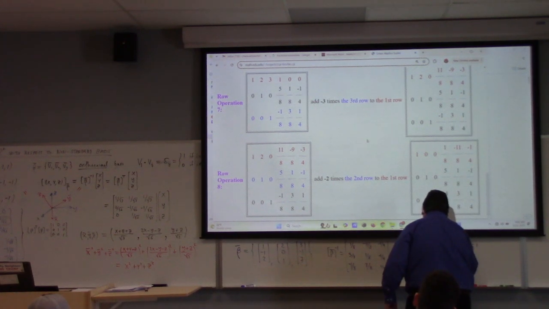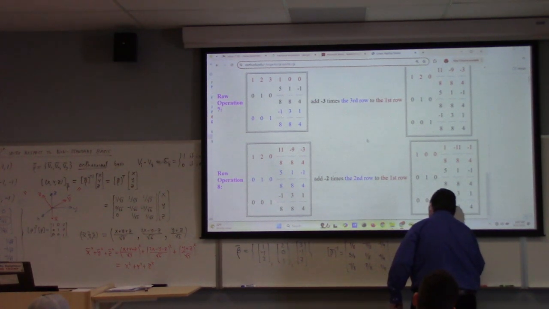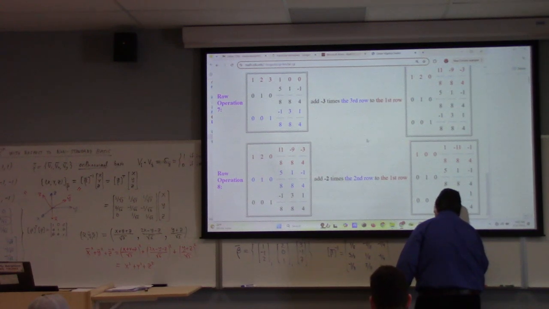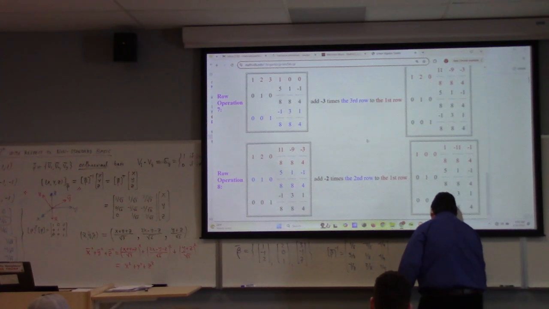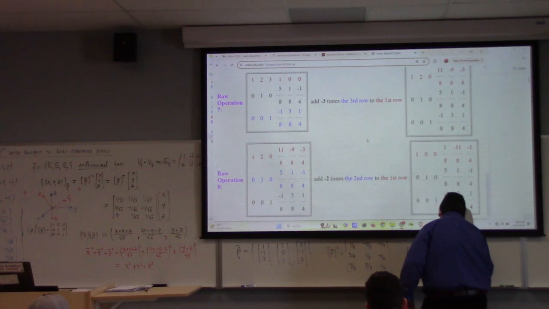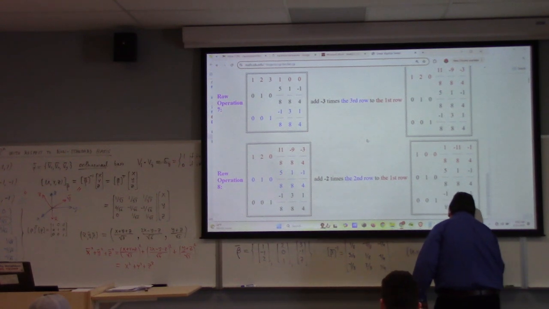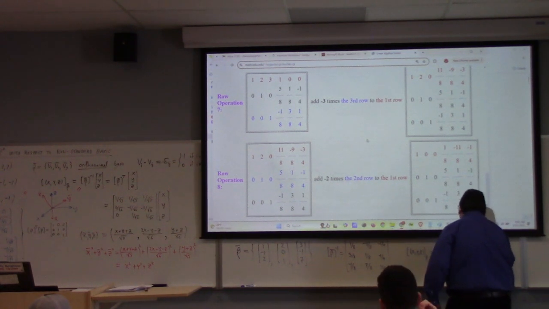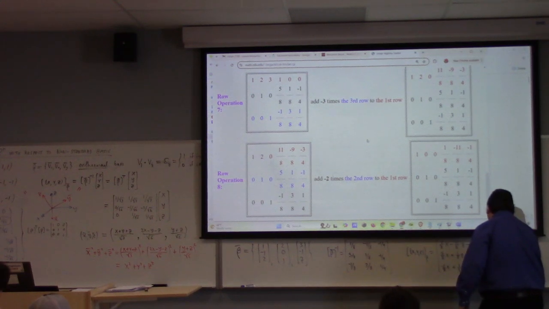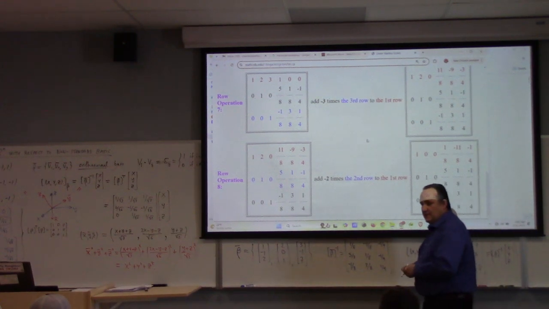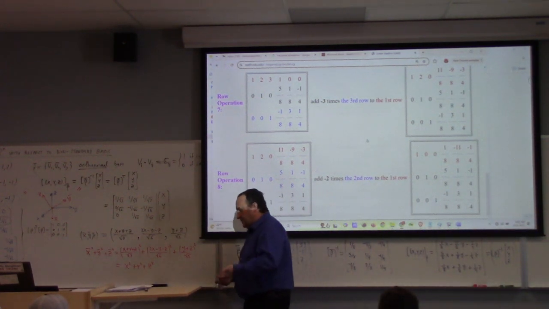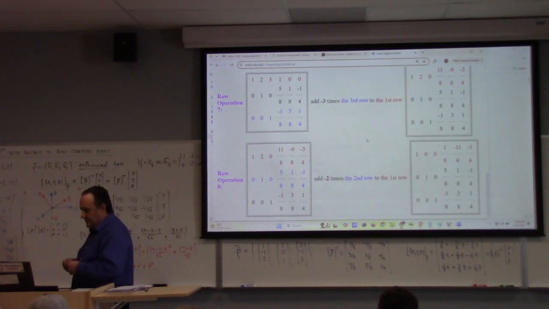I get 5/8 x plus 1/8 y minus 1/4 z. I get minus 1/8 x plus 3/8 y plus 1/4 z. What I just did there was beta inverse times x, y, z, right? That's how I calculated this. But there you go. That's the x bar, y bar, z bar coordinates with respect to that non-standard basis.